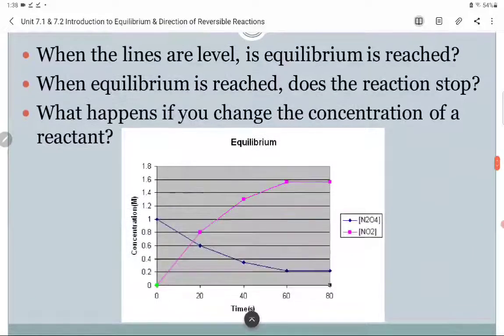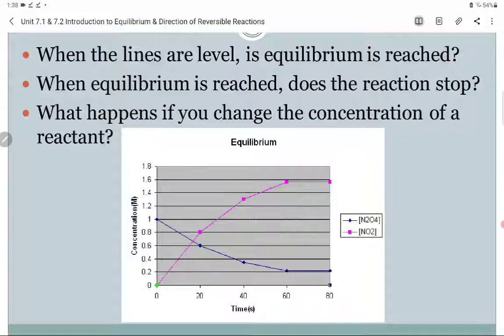When the lines are level, is equilibrium reached? Yes. When equilibrium is reached, does the reaction stop? No. Remember the term dynamic. So the forward reaction moving left to right, and the reverse reaction moving right to left is happening at the exact same speed. So what happens to the change of the concentration of the reactant?